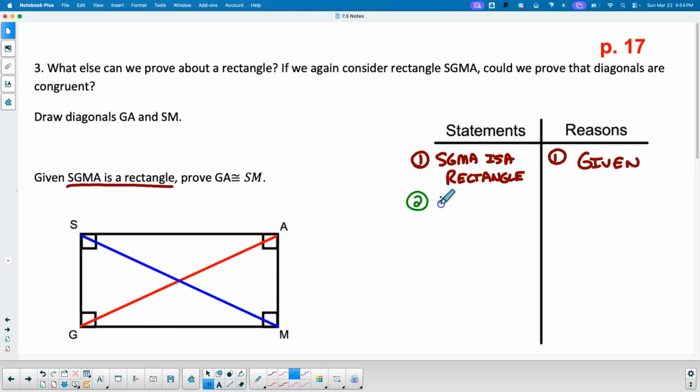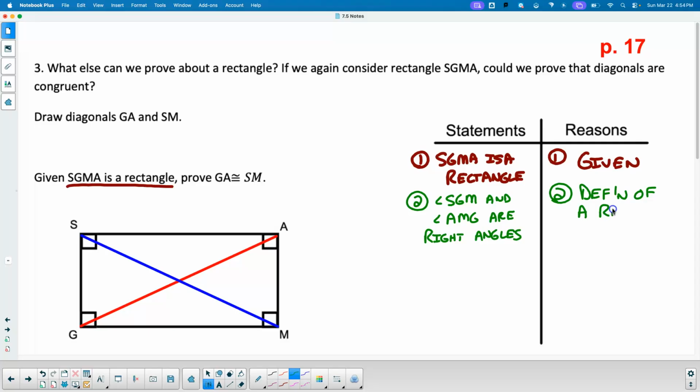Let's go with angle SGM and angle AMG are right angles, and that would be the definition of a rectangle.